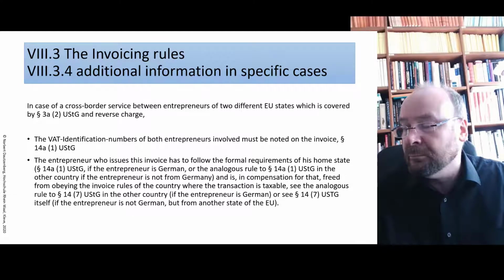One of the most important things is if you have a cross-border service between entrepreneurs of different EU states, which is covered by 3a(2) and the reverse charge rule, then one checks if everything has been done correctly by way of a recapitulative statement, in German zusammenfassende Meldung, ZM.